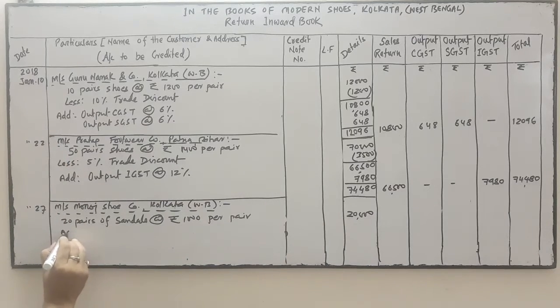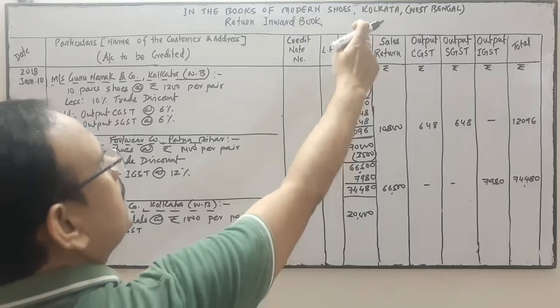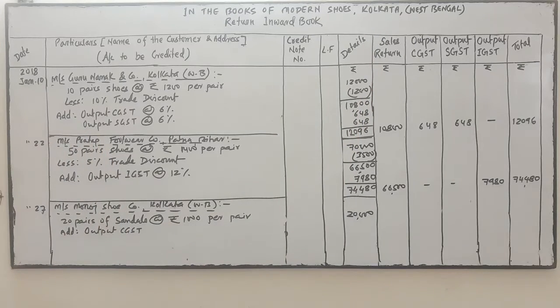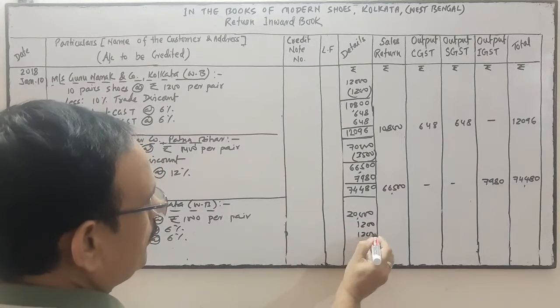Now we will add output CGST, because Kolkata is within the same state. So output CGST and output SGST will be calculated at the rate of 6% each. 6% of 20,000 is 1,200 and 1,200.